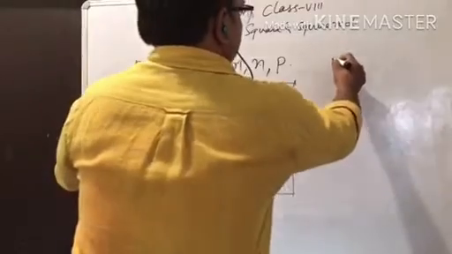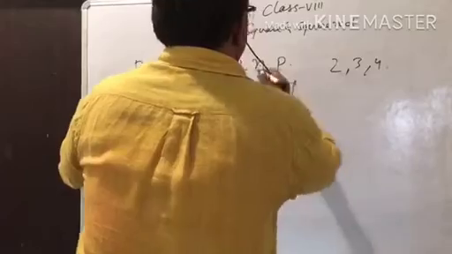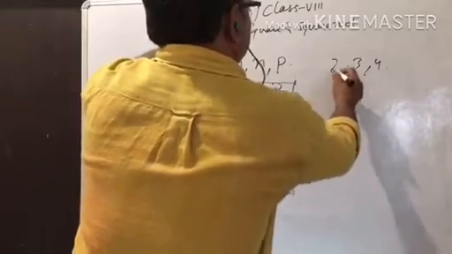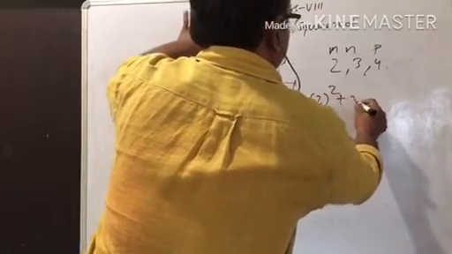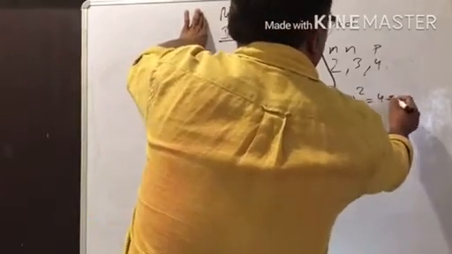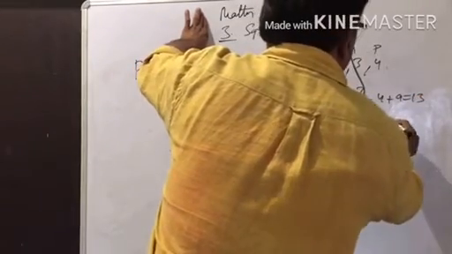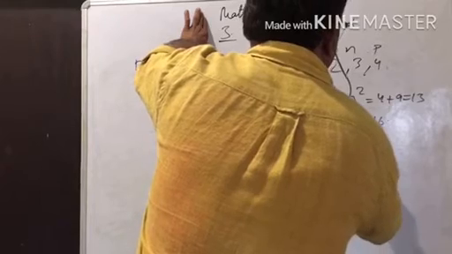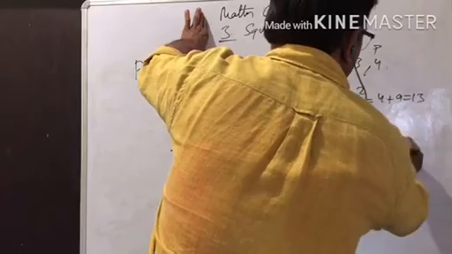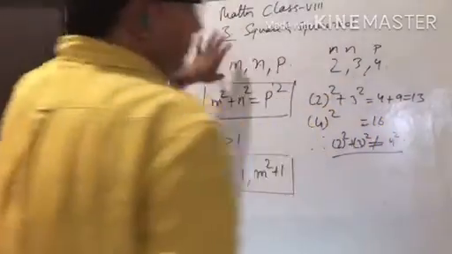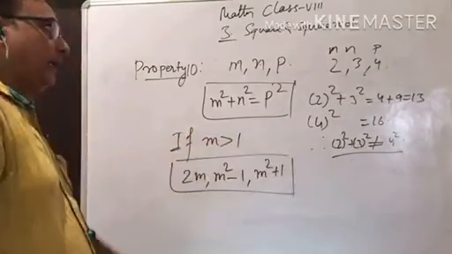Suppose this is 2, 3 and 4. So you can check here m, n, p. 2 square plus 3 square is equal to 4 plus 9, which is equal to 13, and 4 square is equal to 16. Therefore 2 square plus 3 square is not equal to 4 square. So it is not a Pythagorean triplet.